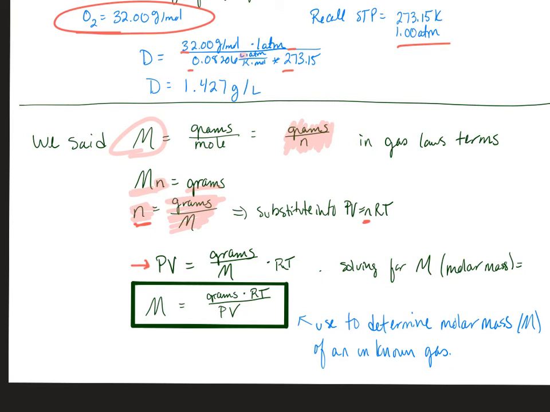Or if we solve for the molar mass, we can say that the molar mass is equal to grams times RT over PV. Now, some of you all may want to actually run through that math yourself, because I just did that really fast. And some of you may just want to take the final equation and use it.